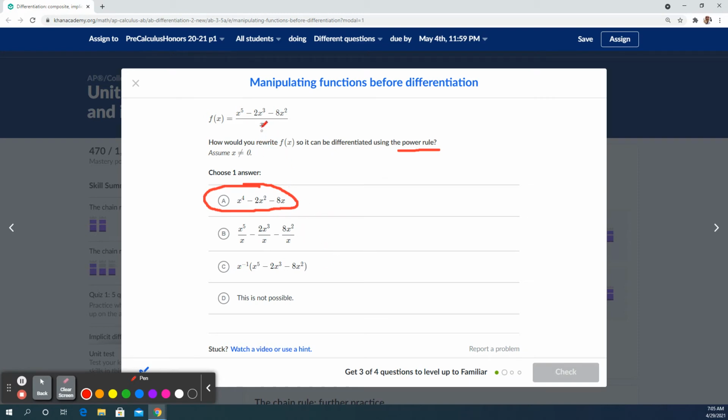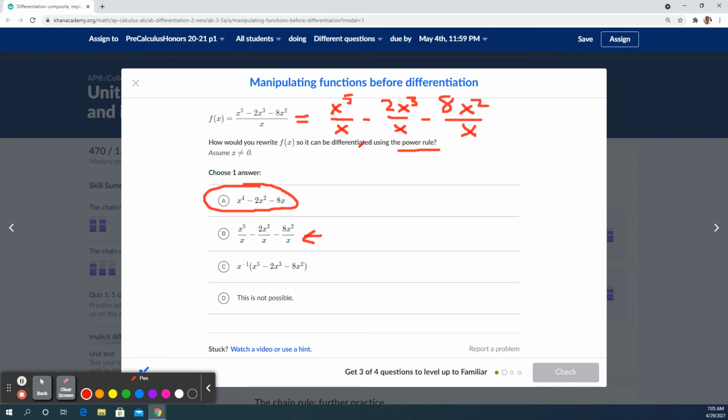So basically what we're going to do is I would just break it up into this form first. So it would be x to the 5th over x minus 2x cubed over x minus 8x squared over x. And once again, this is a good opportunity to practice our algebra manipulations.